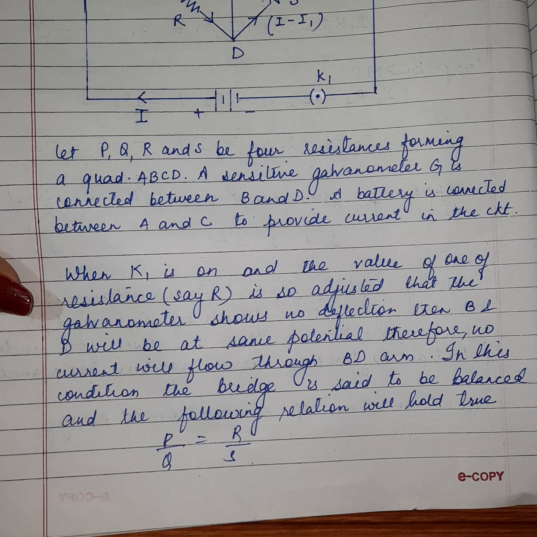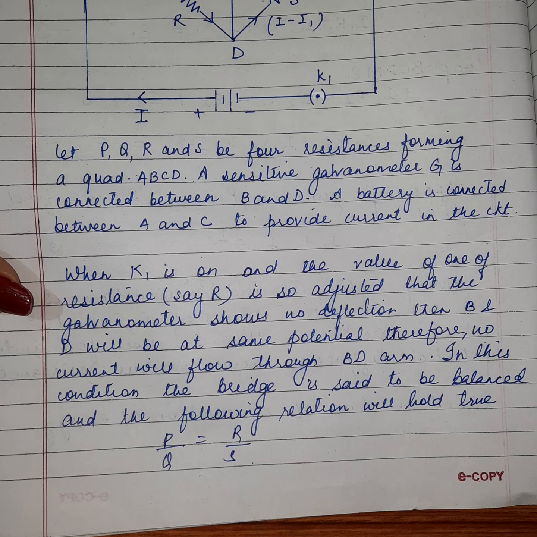Here you can see that in the loop A, B, D, A, starting from A, it will be minus I1 P plus I minus I1 into R. This current I minus I1 on this arm is equal to 0, or you can write I1 P will be equal to I minus I1 into R, right?